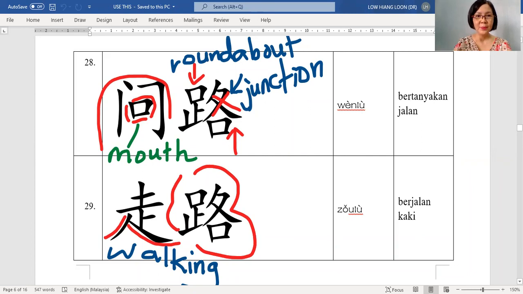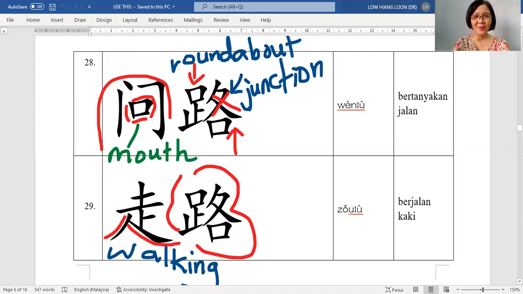Oh, 28. Okay, Wen Lu. Tanyakan jalan. Okay. There is mouth, and it's been blocked. Or it means asking. Difficult to ask actually. Difficult.